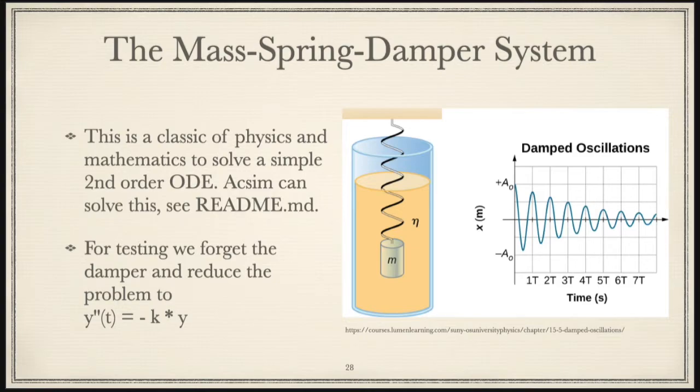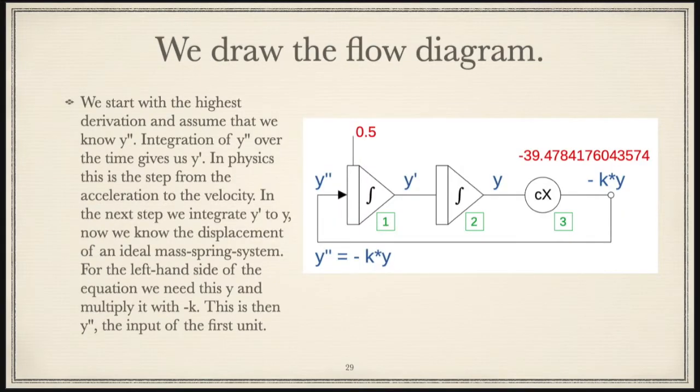We draw the flow diagram. That's the first. We integrate y double-prime, we have y prime. We integrate y prime, we have y. Then we have to multiply with a constant, k. This is this one here.